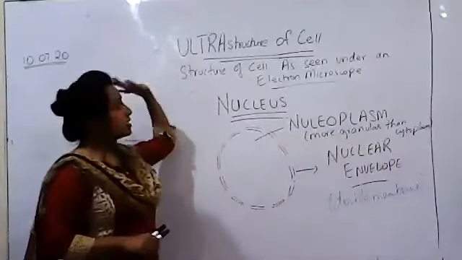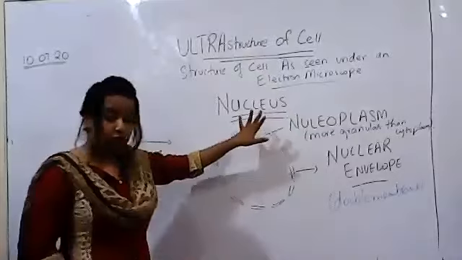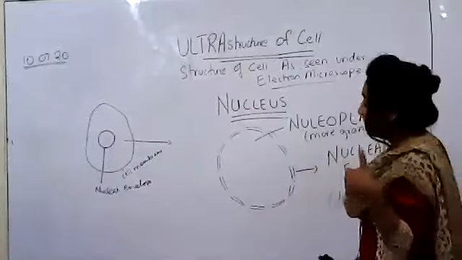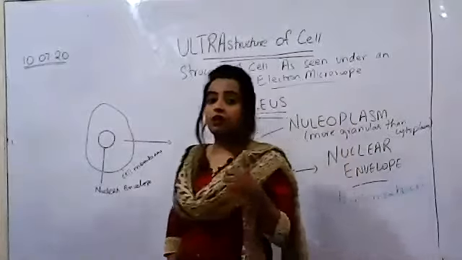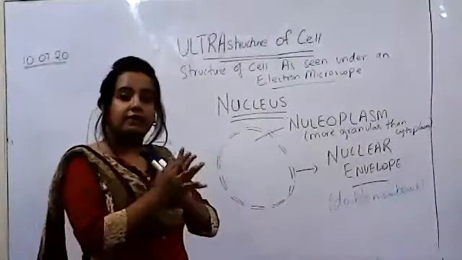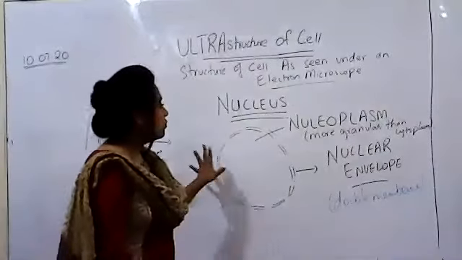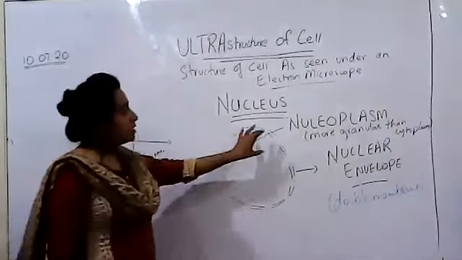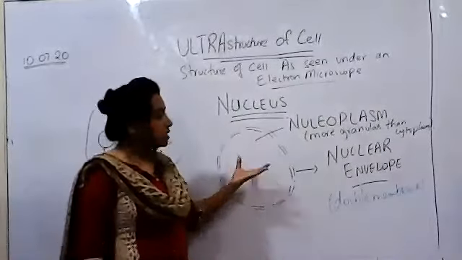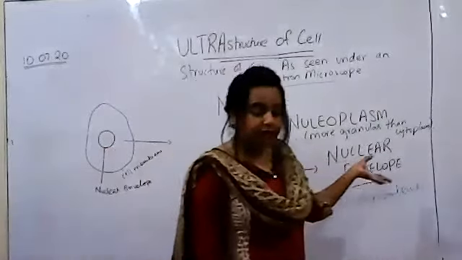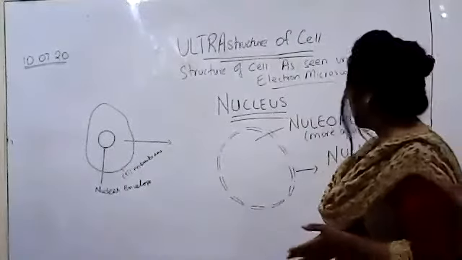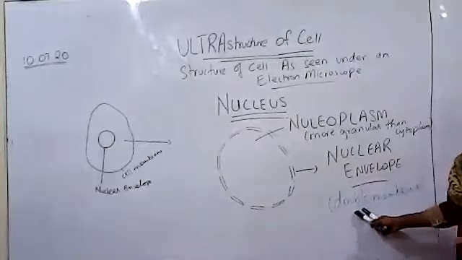So what we're doing is studying the ultrastructure of the nucleus or of the cell, beginning with the nucleus, right? I told you the first point was that the nucleus is the central organelle in the case of an animal cell. The nucleus is pushed to one side in the case of the plant cell. Then I told you that the part making up the nucleus is the nuclear envelope. The nuclear envelope is the part that separates the nucleus from the cytoplasm, right? We call it an envelope because it's a double membrane.